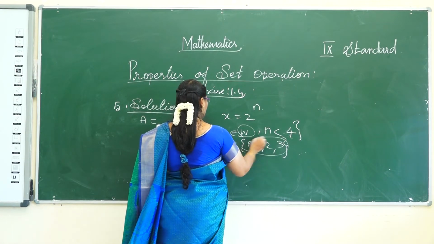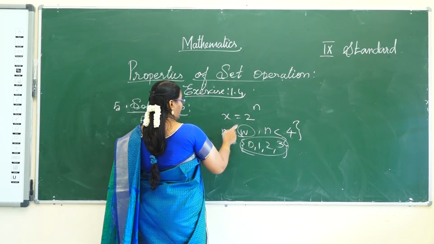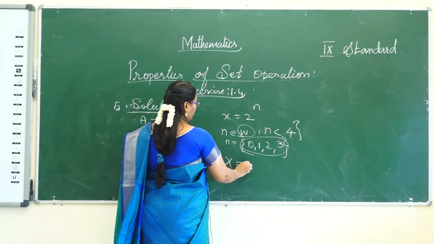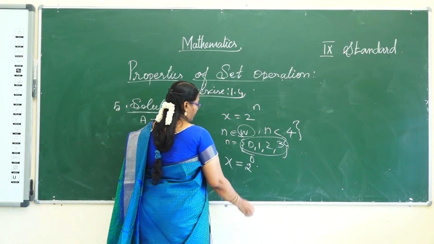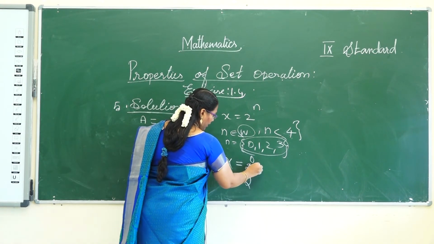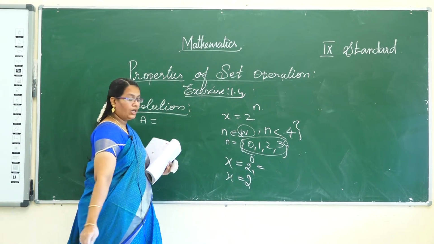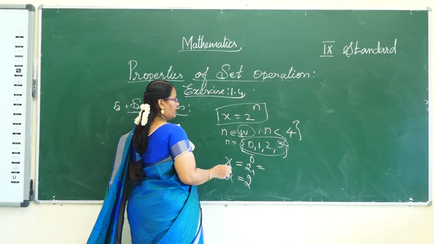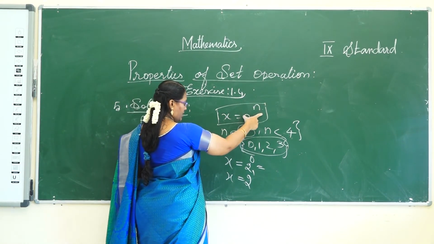Now substitute the values of n in this equation. So x equal to 2 power 0. Next, x equal to 2 power 1. This is the equation: x equal to 2 power n is given.